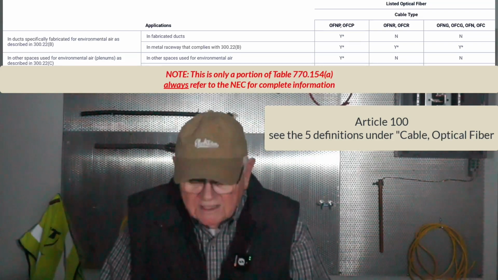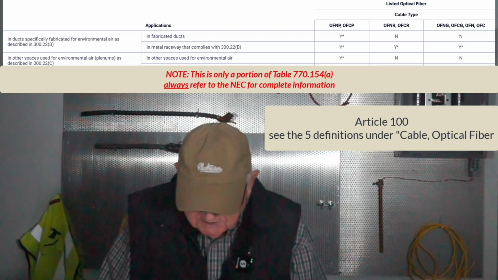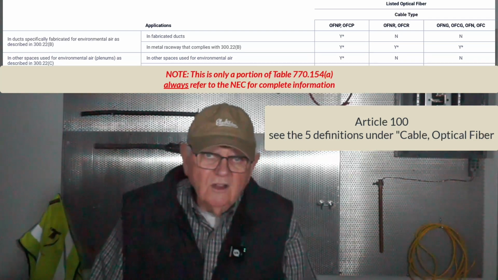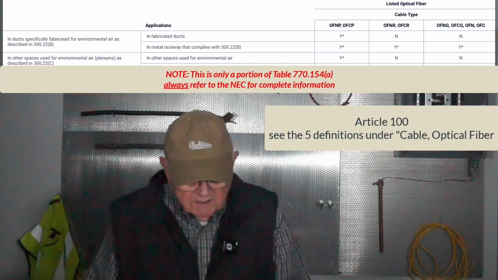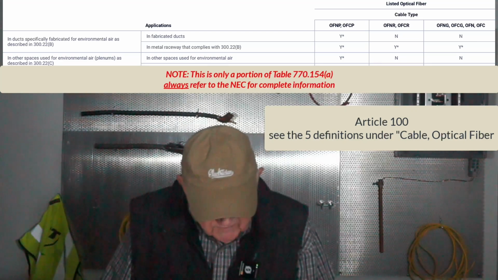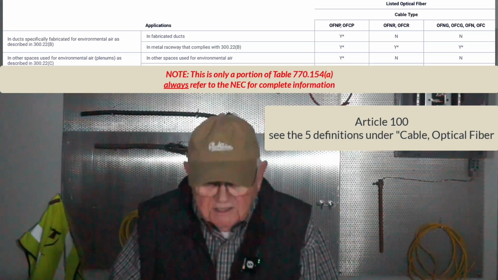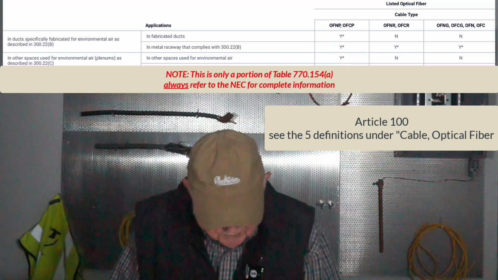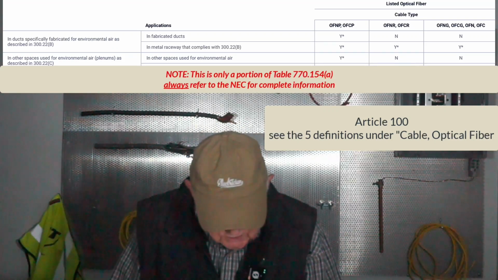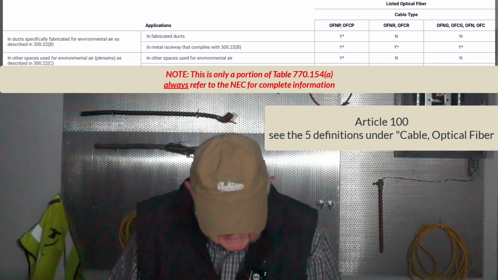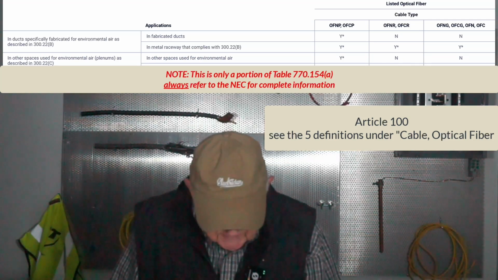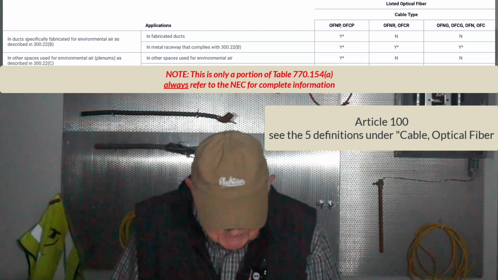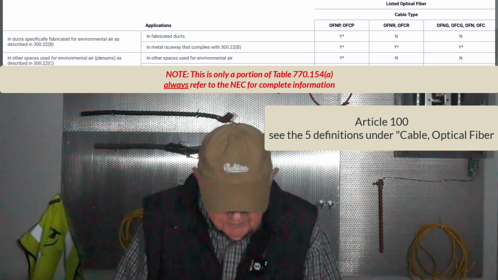R would mean it's riser cable. G would mean it's general purpose. P would be for plenum. So if we take a look across that first row, we'll look at it up on the screen. It says that if I'm going to use some cable in a duct or used for environmental air, that's that very first row that I run across: ducts specifically fabricated for environmental air.